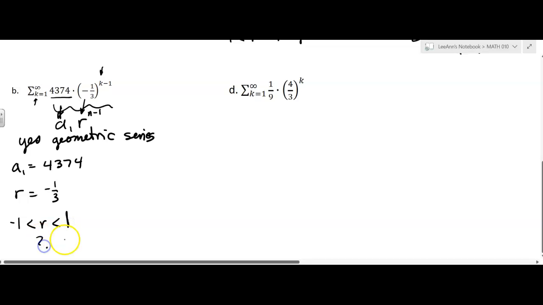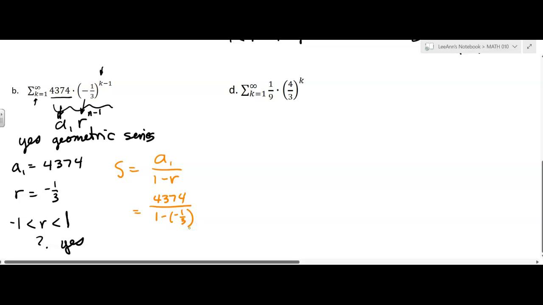Yes. Okay, so this is an infinite geometric series. We can use the formula. So here comes the formula. S equals a sub 1 over 1 minus r. Well, my a sub 1 is 4,374, and it's going to be 1 minus -1/3.